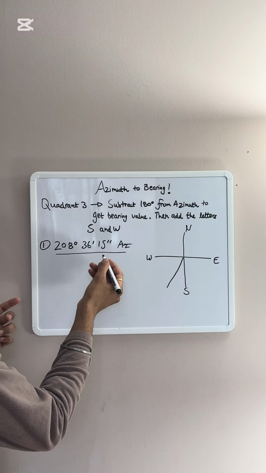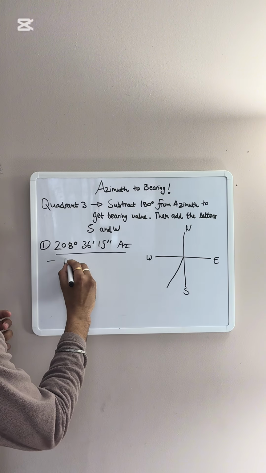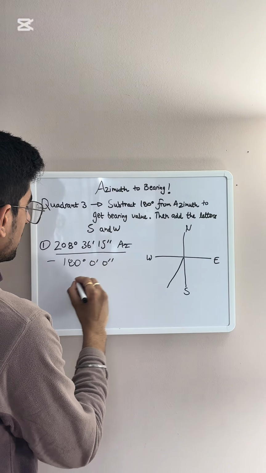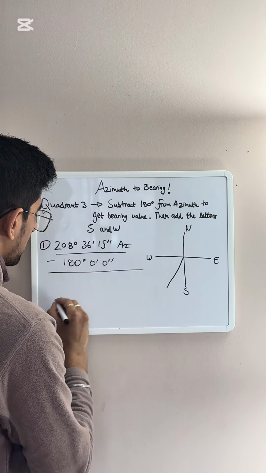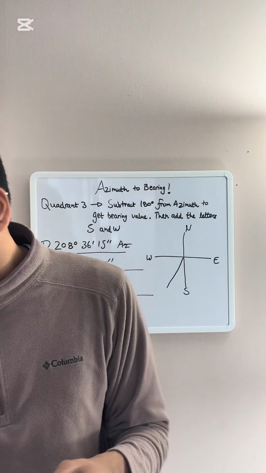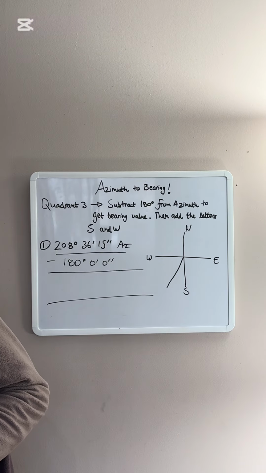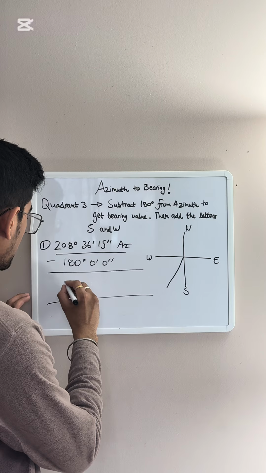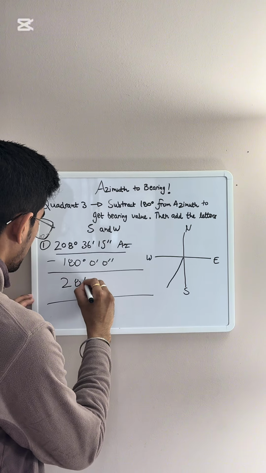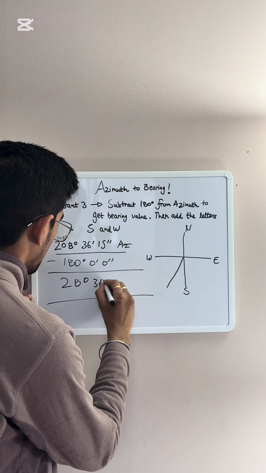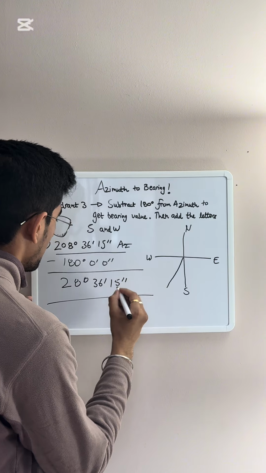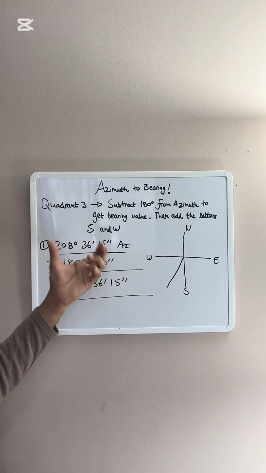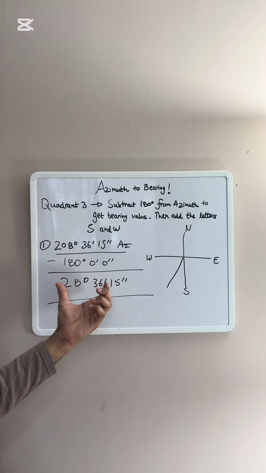We take this azimuth and subtract 180 degrees from this value. I already did it on the calculator, so you will get this. When you do the maths, you get the bearing value.